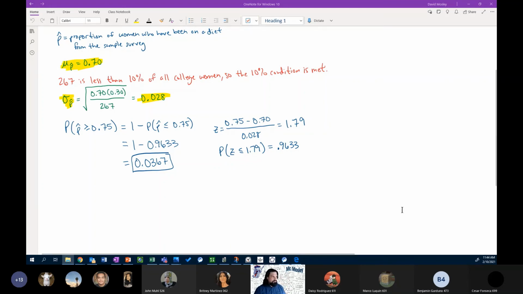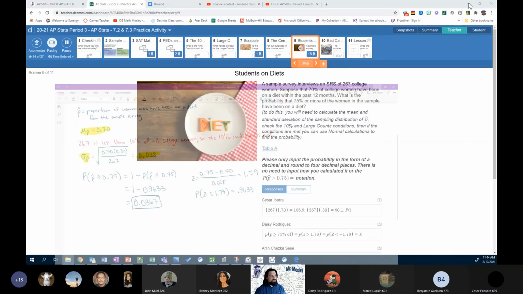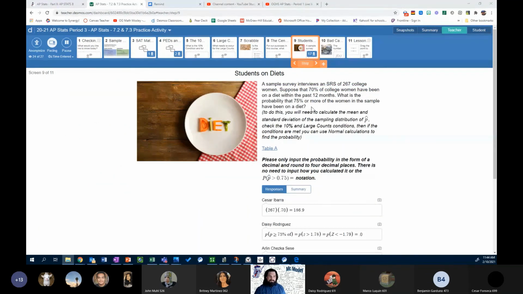So we go back to answering our question: the probability that 75% or more of the women in the sample have been on a diet. I have a probability of about 3.67%, or 0.0367.